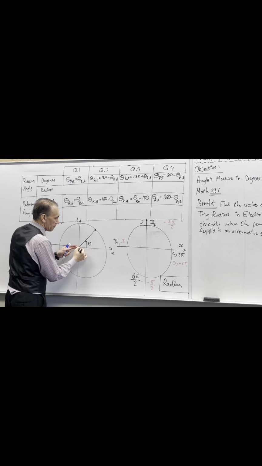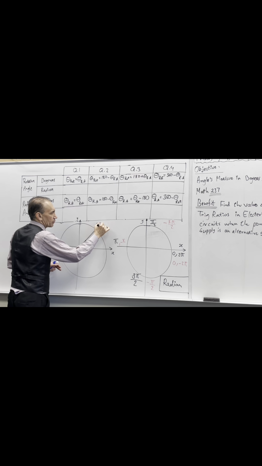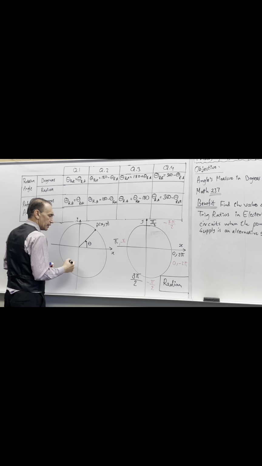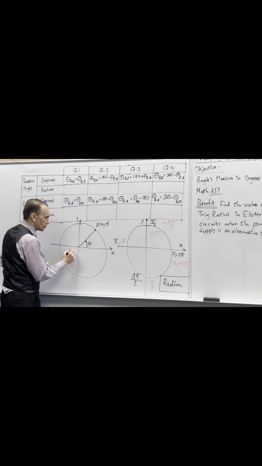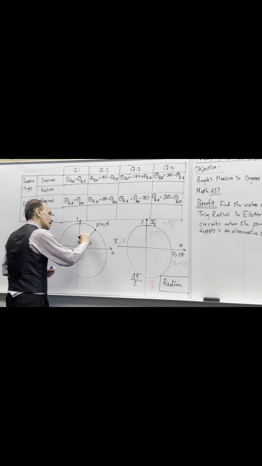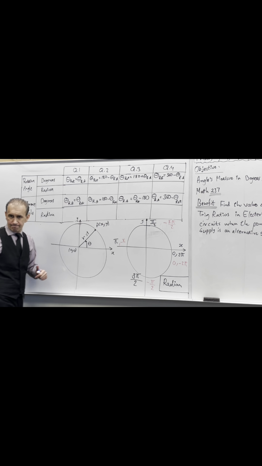Between the initial arm and the terminal arm, the terminal arm's point has xy coordinates, and this is the origin, 0 and 0. And this is the radius, which is equal to 1 unit length.